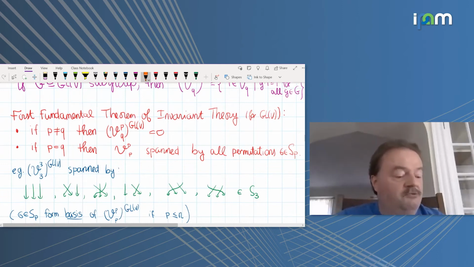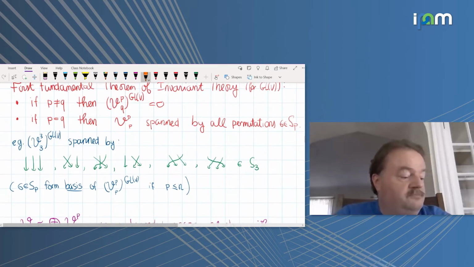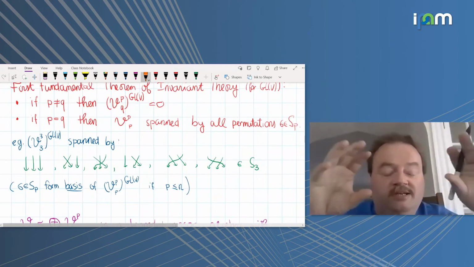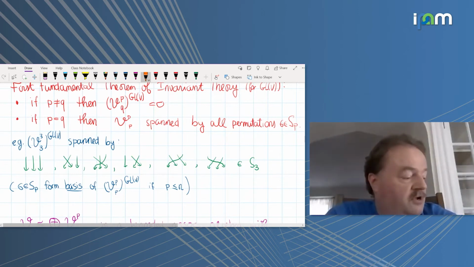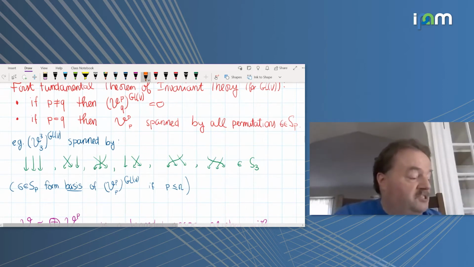Basically, you can think of these invariant tensors as permutations. Whenever you have V and V dual, then inside the tensor product you have the identity. If I have several copies, then you can match the inputs and outputs in an arbitrary way. So for every permutation, you get a tensor.